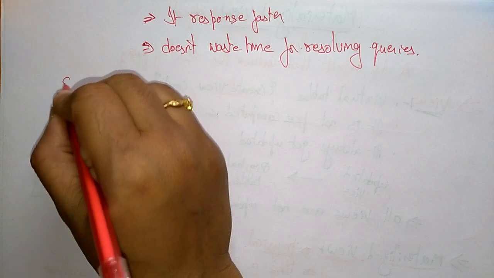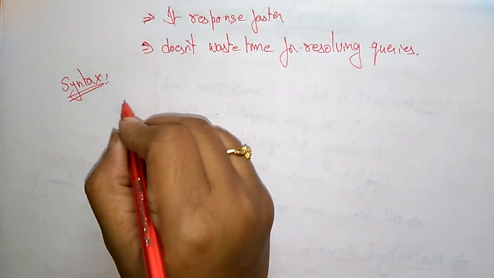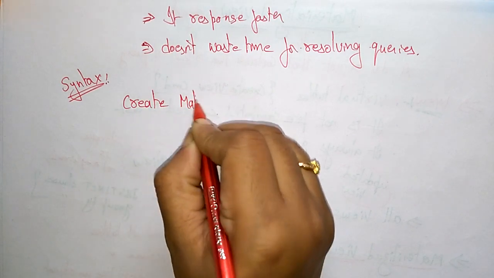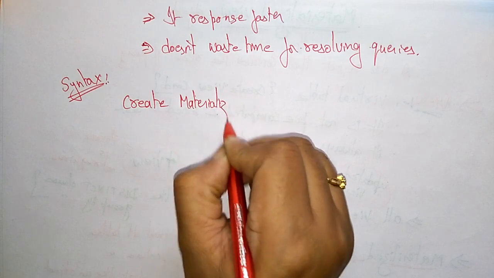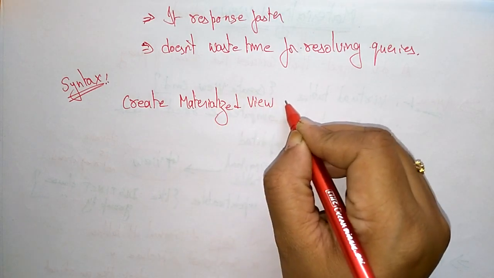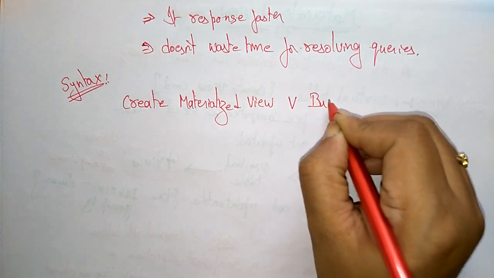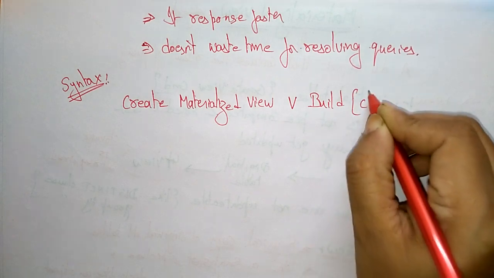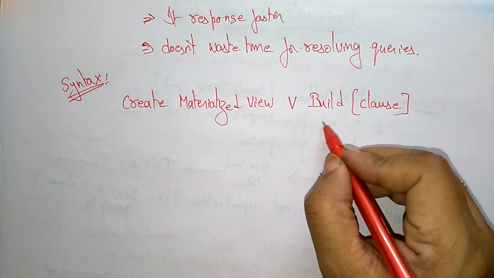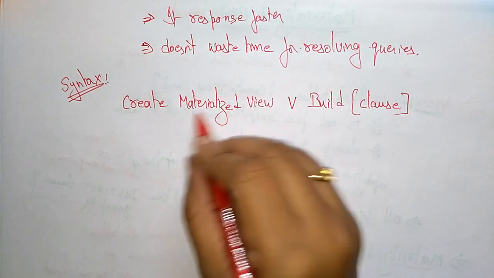Let us see the syntax of a materialized view. Create materialized view V, build clause, refresh type, on trigger, as query expression. I said that only for a materialized view will you use the build clause. If you use a plain view, it doesn't work.